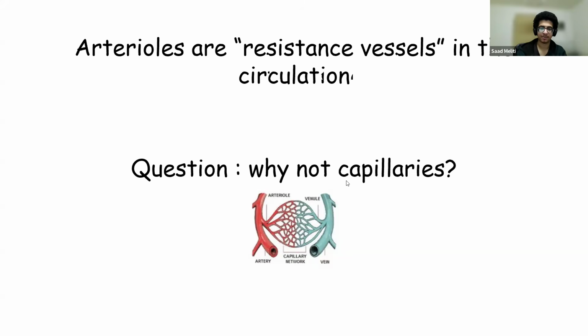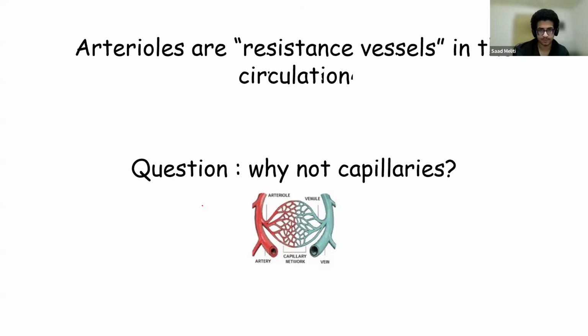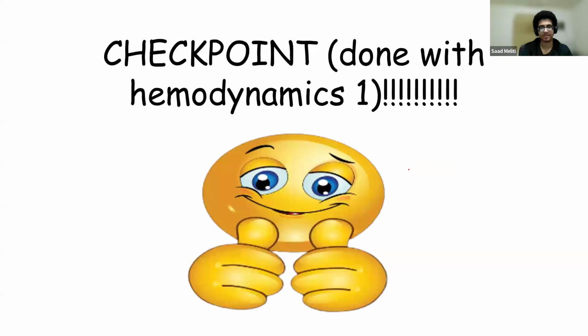If we go back to this method, notice how when we added another vessel in parallel, the resistance decreased. Same thing in the capillaries: we have millions of capillaries. The total resistance is going to be extremely low, so they're basically useless when it comes to resistance. Arterioles, on the other hand, there's not millions of arterioles. They can still have a good amount of resistance, and that's why we use them as resistance vessels. Okay, I hope that makes sense.